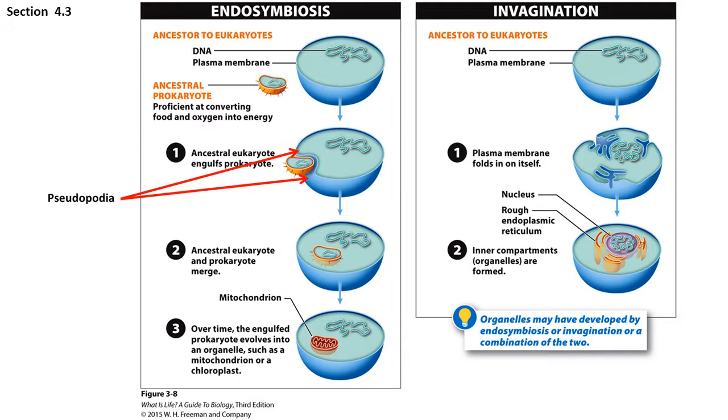And at that point, the ancestral eukaryotic cell and the prokaryotic cell merge. And over time, the engulfed prokaryotic cell evolves into an organelle such as a mitochondria or a chloroplast.